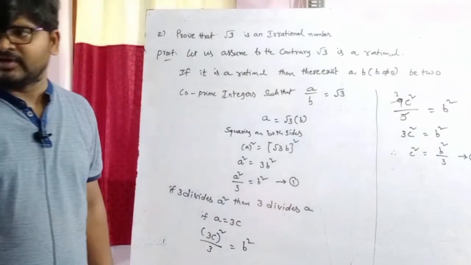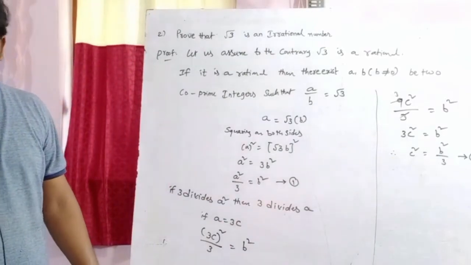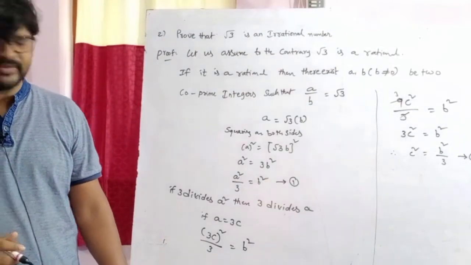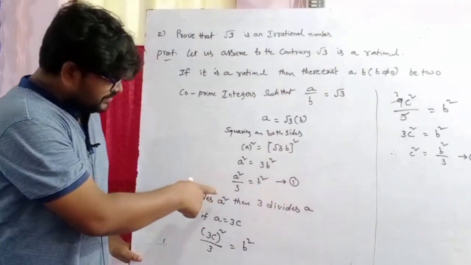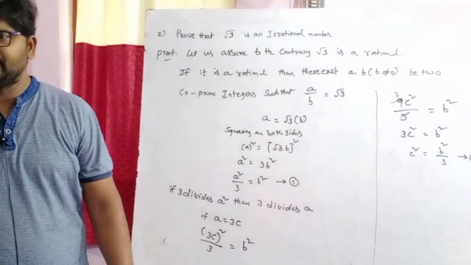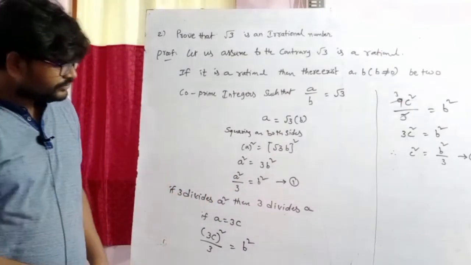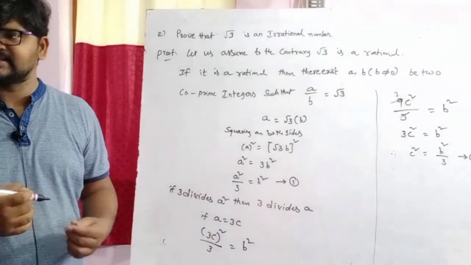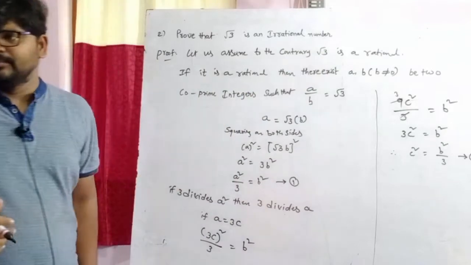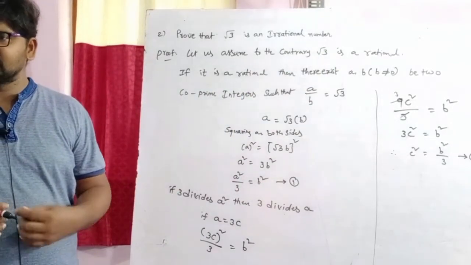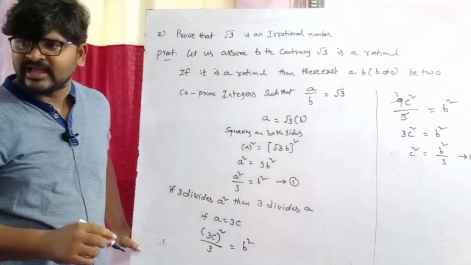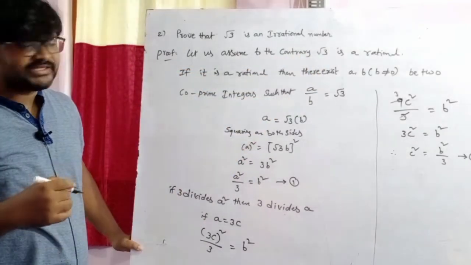From equation 1 and 2, both a and b are co-primes, other than 3 has a common factor. So our contradiction has arisen because of assuming root 3 is a rational number, but our assumption is wrong.